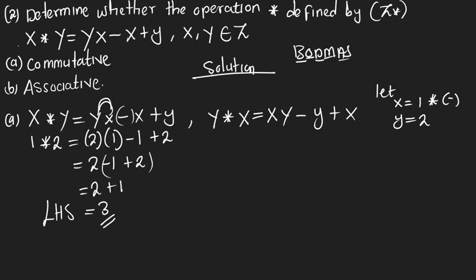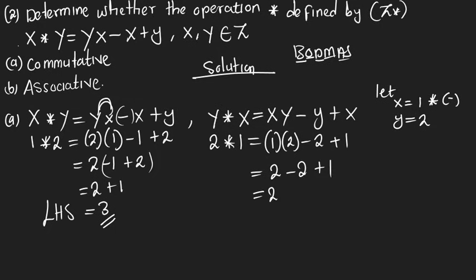So this is y star x, so this is going to be a 2 star 1. Then we can put a 2 there and a 1 there. So this is going to equal 2 minus 2 plus 1. Notice that negative 2 plus 1 gives us a 2 minus 1. So we're getting a 1. So right hand side is a 1.